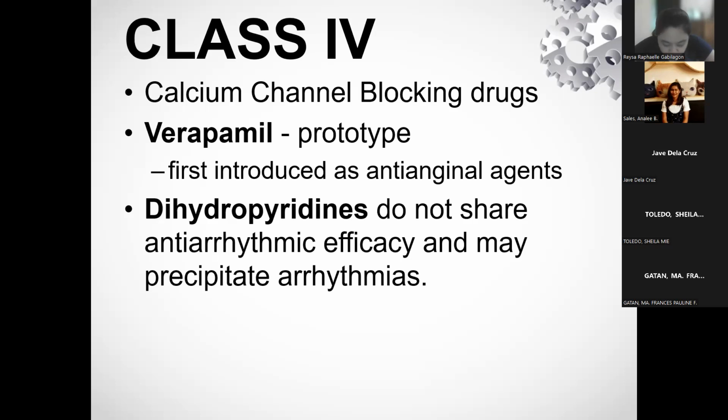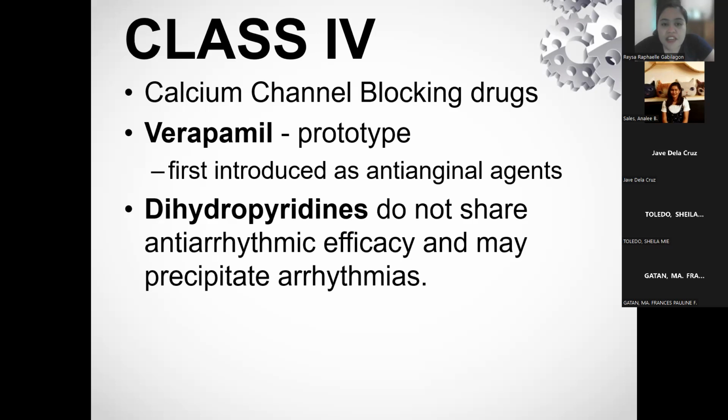We have two, verapamil and diltiazem. Among the two, verapamil is our prototype drug. It was the first, introduced as an anti-anginal agent, but this time we also use it for arrhythmia and other heart conditions.